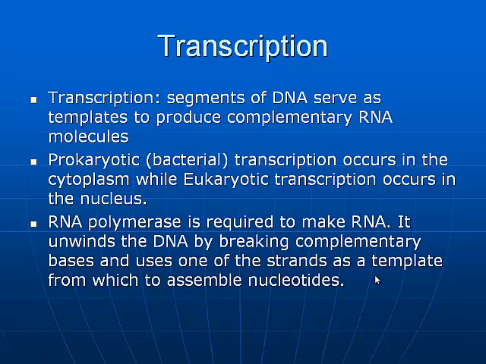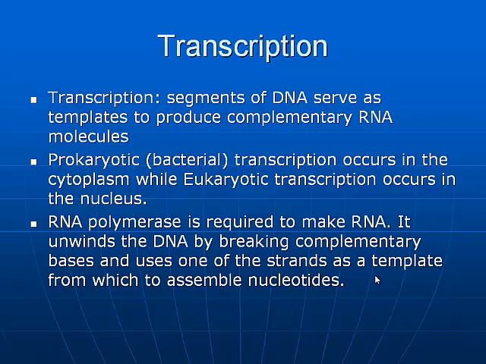Transcription. Now, transcription is the actual process by which mRNA is copied from DNA. Segments of DNA serve as the templates to produce complementary RNA molecules. Now there are differences between prokaryotes and eukaryotes. In prokaryotes, which are bacteria, transcription occurs in the cytoplasm because they have no membrane-bound organelles. They basically do not have a nucleus.